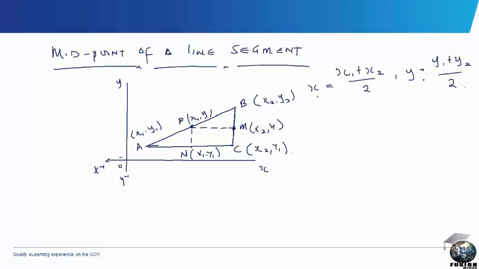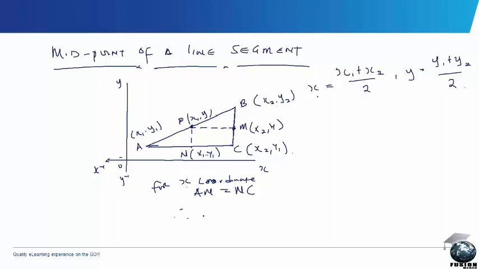And so since the point is the midpoint of AB, for the x coordinate we have that AN is equal to NC.